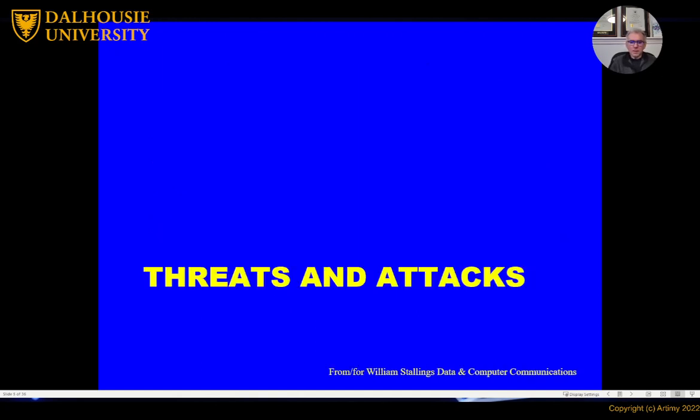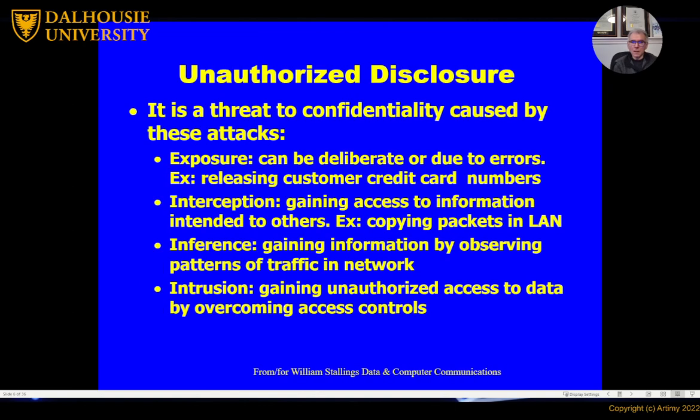So we'll see here some of the common security attacks and threats that we need to be aware of. Some of these attacks are unauthorized disclosure. This is an attack against confidentiality. Somebody takes confidential, hidden information and reveals it, such as your bank account information.